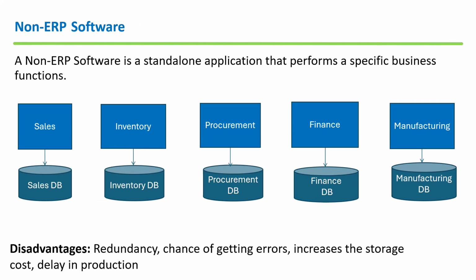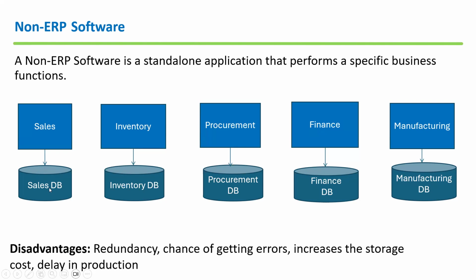Non-ERP software is a standalone application that performs a specific business function. Standalone means it doesn't interact with any other business functions. In this diagram, there are different departments like sales, inventory, procurement, finance, and manufacturing. Every department has its own database and stores its data there.